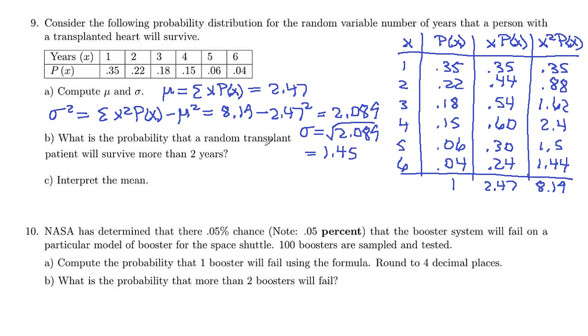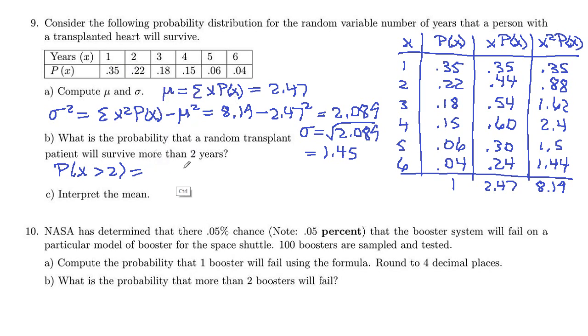What is the probability a random transplant patient will survive more than 2 years? So this is saying that we are looking for the probability that the random variable x is greater than 2. So that would be 3, 4, 5, or 6. Actually it's a little bit easier to just do the complement event here.